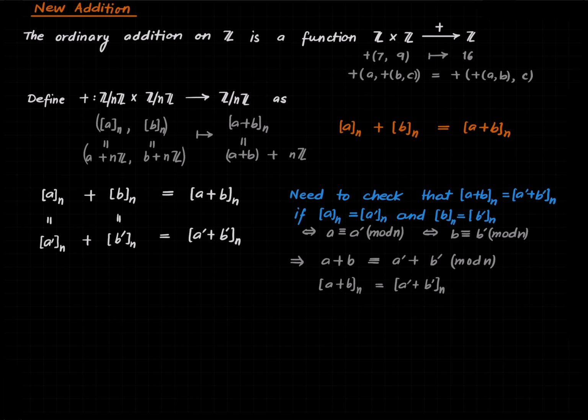Now, you can do the same business with multiplication. So this time I'll be a little brief. We have a multiplication on the set of integers, which consumes a pair and outputs what we call the product. And this multiplication function will be denoted like this.